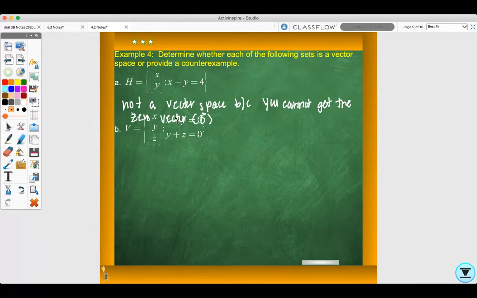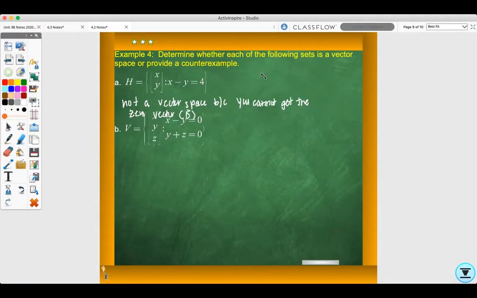Let's look at B. B says V is (x, y, z), where x minus y equals 0 and y plus z equals 0. So this one, let's see if we can get the 0 vector.